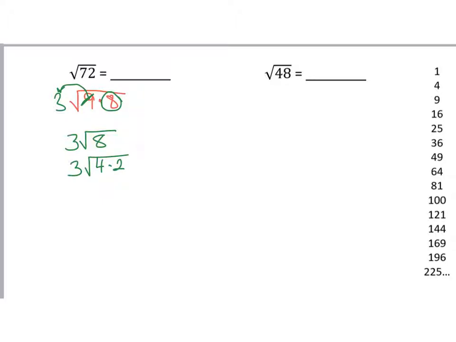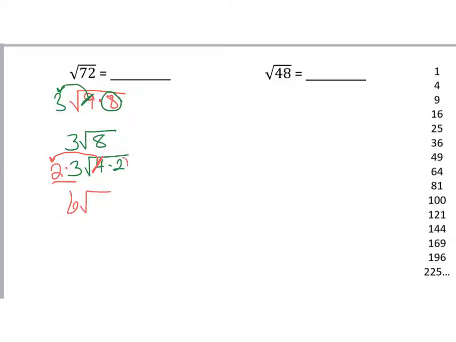Okay? So then the 4 is going to come out of the square root and turn into a what? Square root of 4 is 2. It multiplies to anything that's already on the outside. Okay, so now outside I have 2 times 3, which is 6.